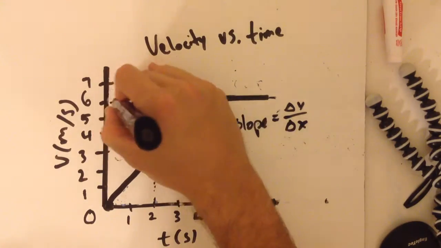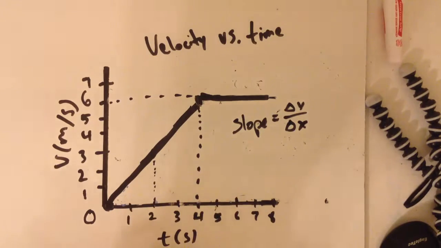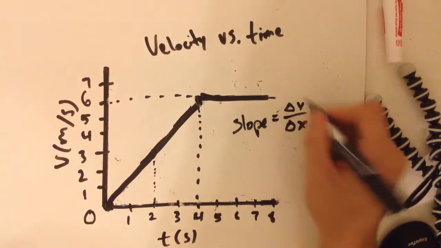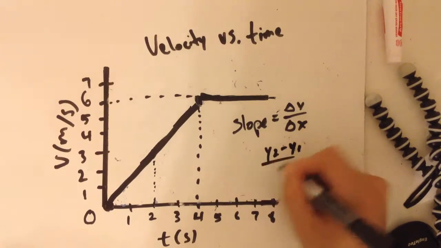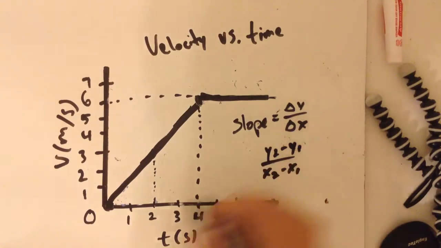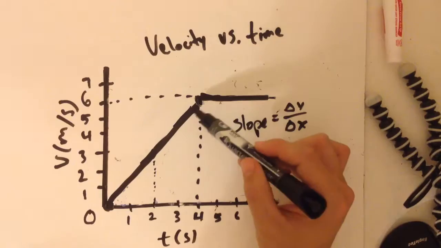In the case of our first point, we're going to have y1 be 0 meters per second, x1 is 0 seconds. By x1, y1, I mean this equation expands to y2 minus y1 over x2 minus x1. Here, y2 would be 6 meters per second, x2 would be 4 seconds.